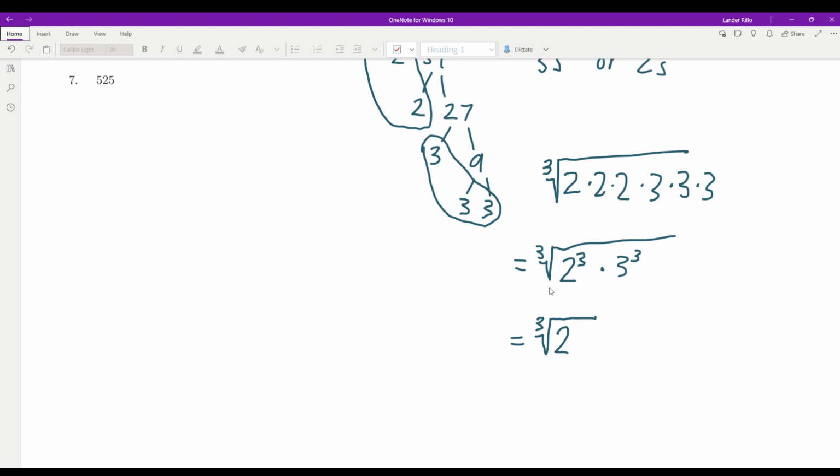Since it's multiplication, we can split up the radical to get something like this.